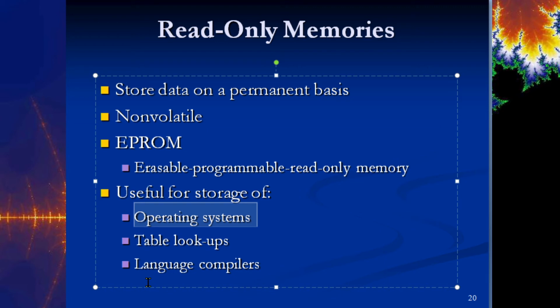Now, I realize that operating systems have updates all the time, but most of the code is retained for years and years and years in the same spot. Table lookups, language compilers, even if you have a microprocessor application, if you're going to embed some data on there, you want it to be retained, and you want it to be non-volatile.